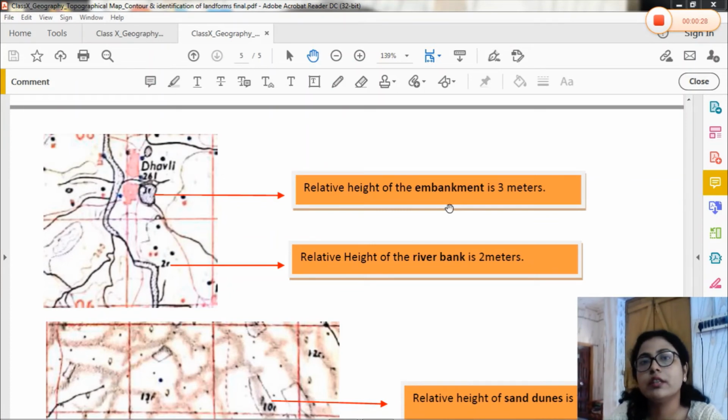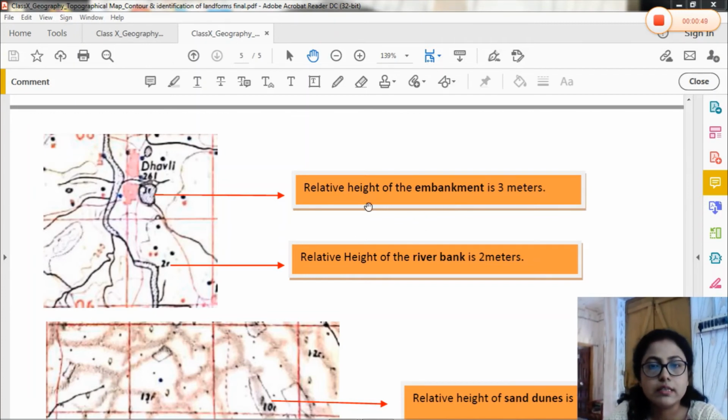They show the height of any point above the mean sea level, but relative height is not. It's relative in nature. It measures the height from top to bottom, and it changes from one place to another.